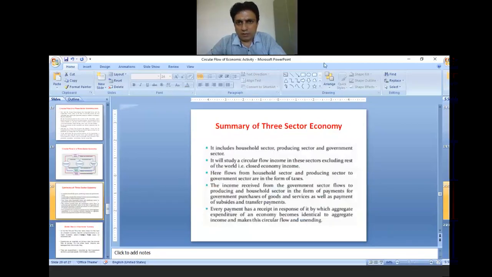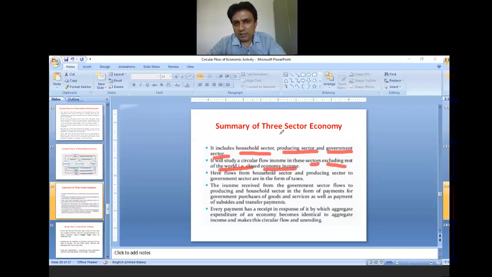Now, the summary of the three sector economy. It includes the household sector, the producing sector or business sector, and the government sector. It studies the circular flow of income in these sectors, excluding the rest of the world, that is a closed economic system.